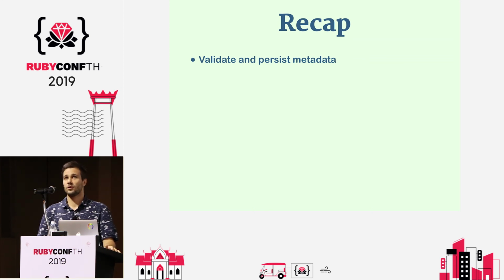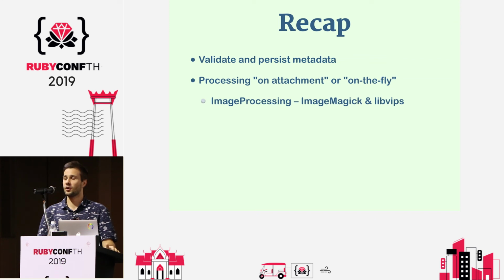So to recap, you should validate files and persist any extracted metadata. You should have the option to process either on attachment or on the fly, because you might have files that require both.